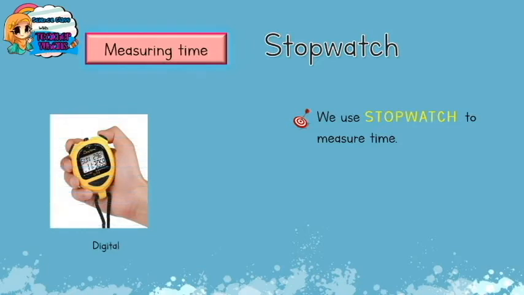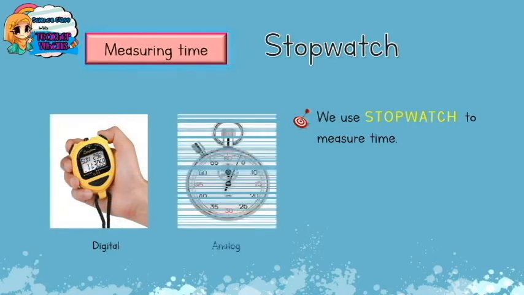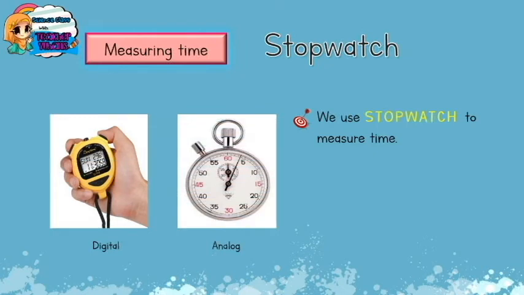There are two types of stopwatch, a digital stopwatch and an analog stopwatch. The standard unit measurement for time is seconds.